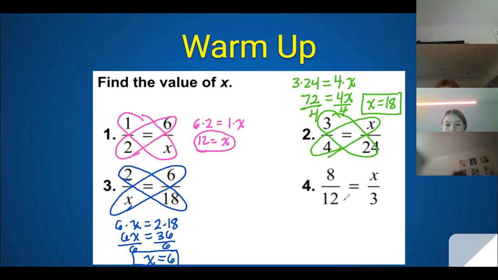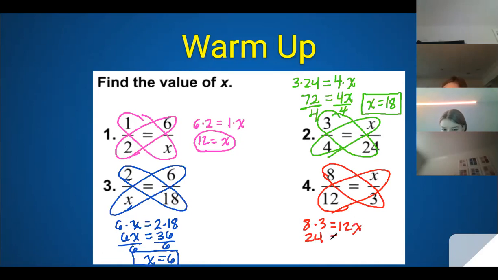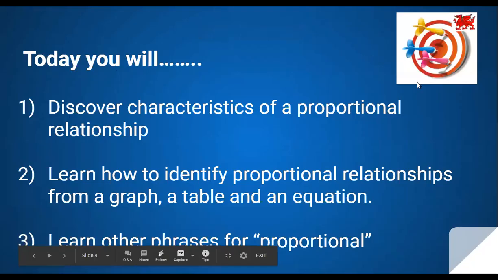So you have to multiply 8 times 3 and 12 times x. So then that's 24 equals 12x. And then you have to divide by 12, which is 2x, or x equals 2. All right, thank you so much. Nice job, everyone. Thanks for volunteering.